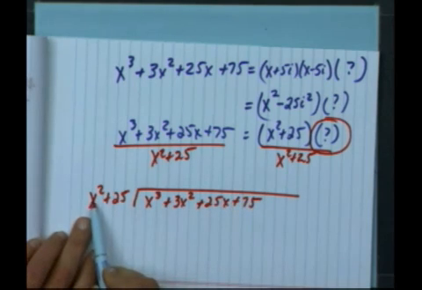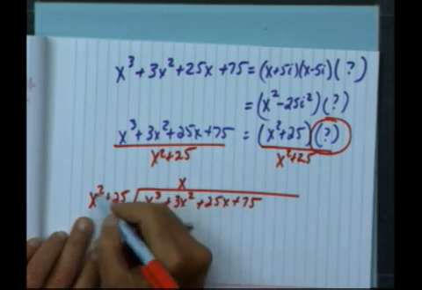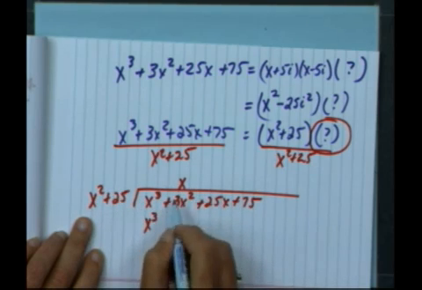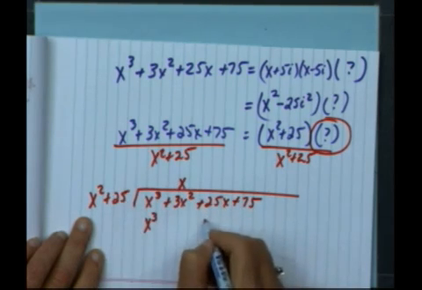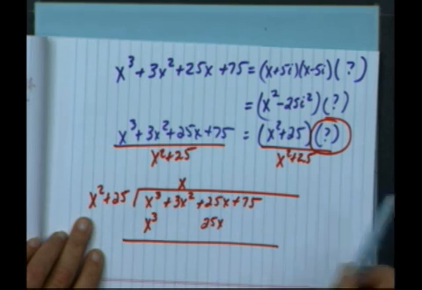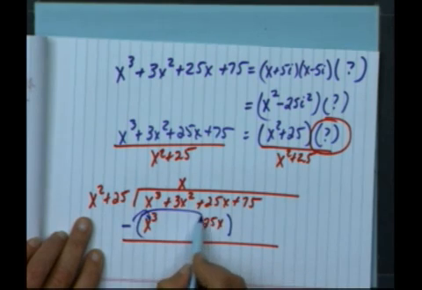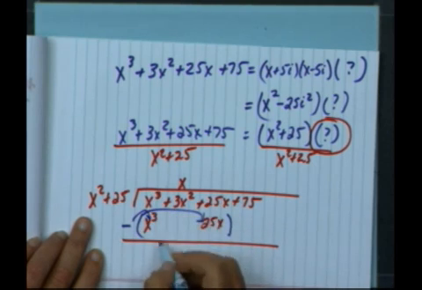All right, x squared goes into x cubed how many times? Once. Good old x times. So x times x squared is x cubed, and x times 25 is 25x. Okay, remember you subtract. Don't forget to distribute your negative. So the x cubed subtracts out. I'm going to bring down the 3x squared.